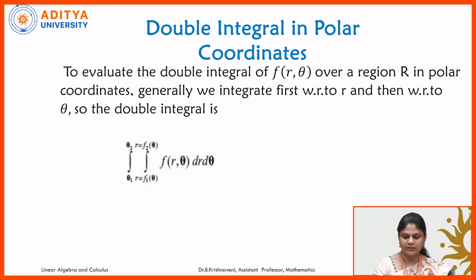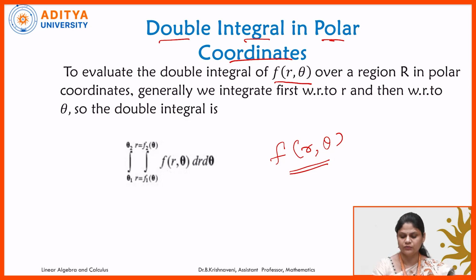So let us move into the topic, that is double integral in polar coordinates. In order to evaluate a double integral of f of r comma theta, the function in r theta, which we represent in two variables, over the region R in polar coordinates.